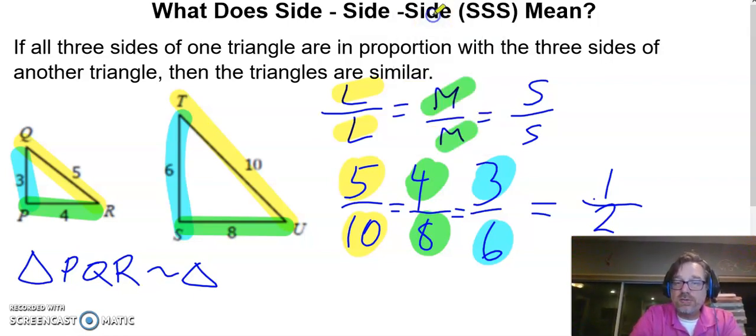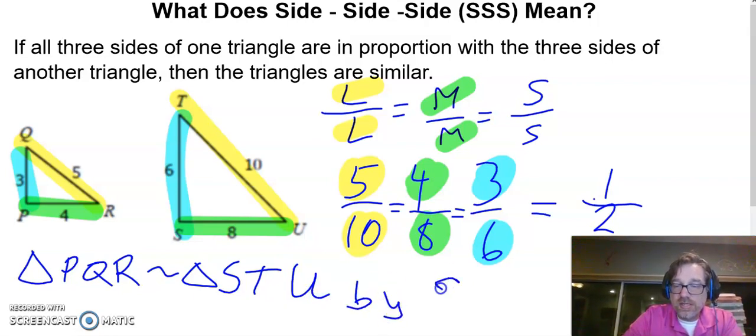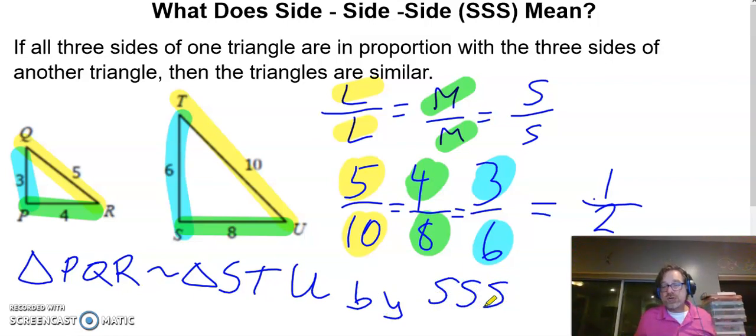So what letter over here touches green and blue? That's going to be S. Q touches blue and yellow. That's going to be T. And R touches green and yellow, which is U. And then why are they similar? They are similar by side, side, side. So you're going to tell me the two triangles are similar, and then you're going to tell me why they are similar when we do our work.